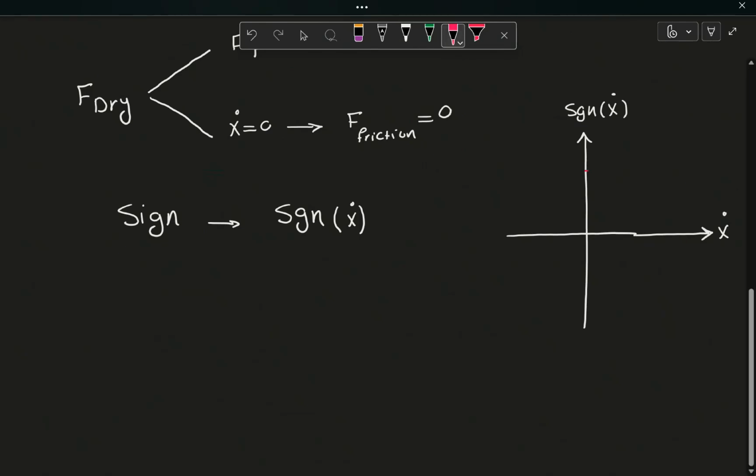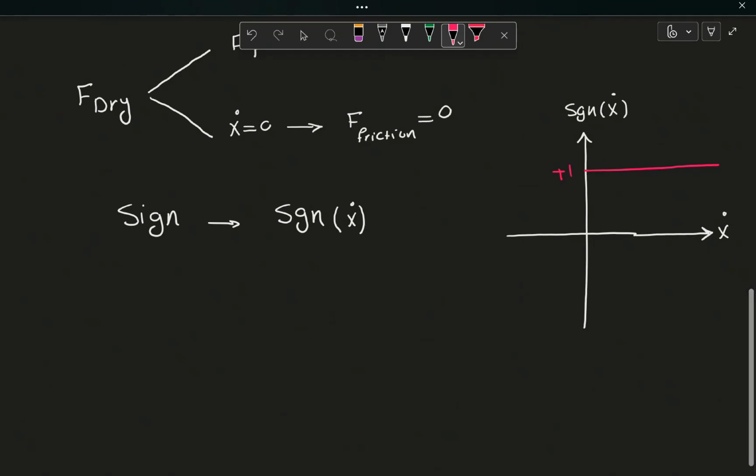It says that whenever the velocity is positive, it means that you're on this side of the velocity. Whenever the velocity is positive, the value of the sign function is 1.